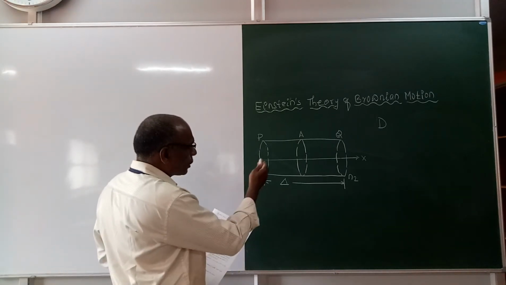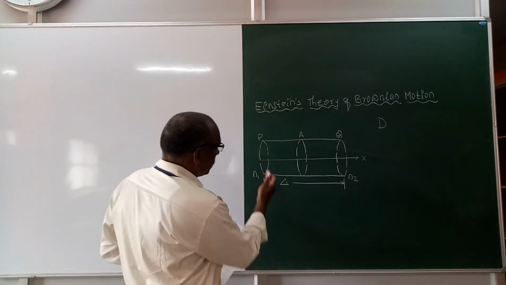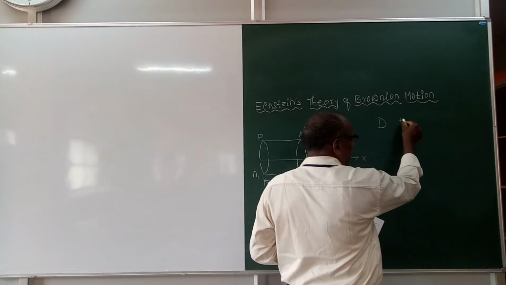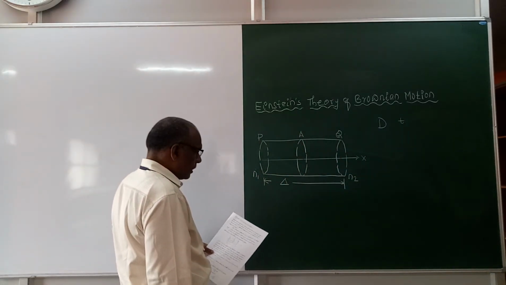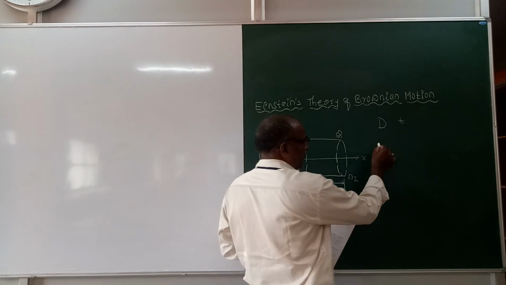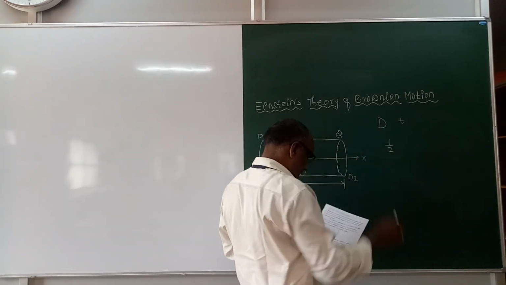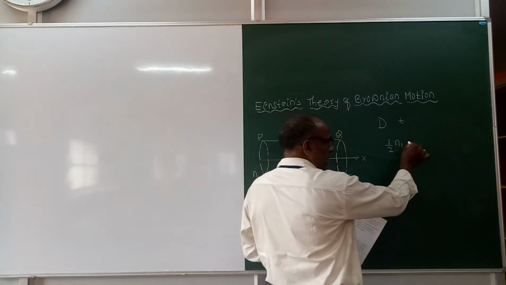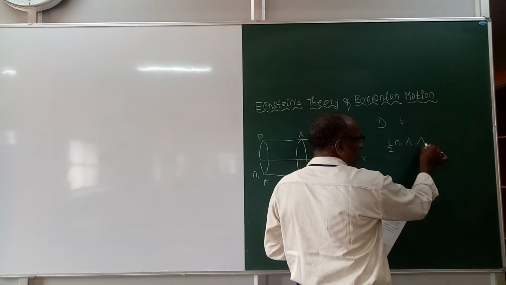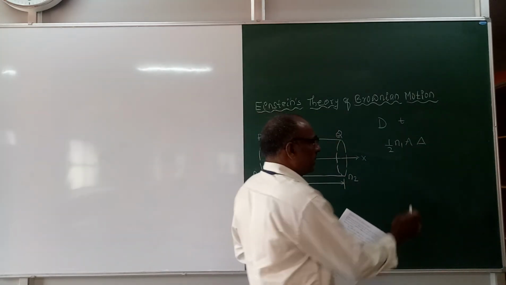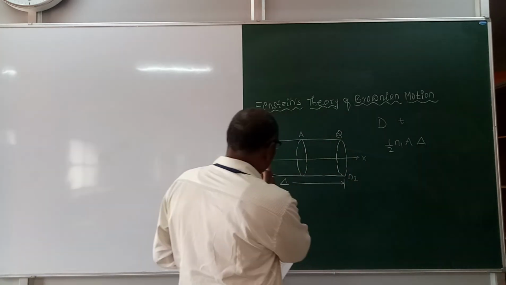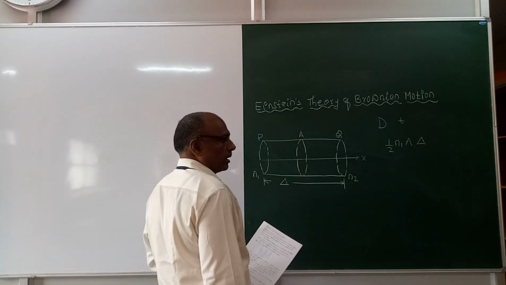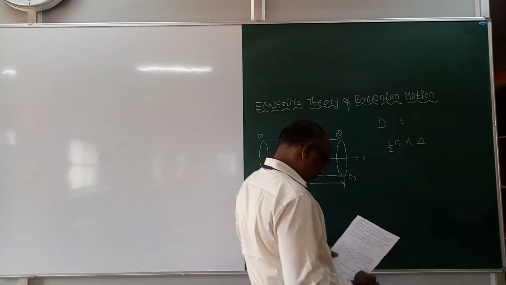The number of particles crossing the surface P in time t to the right is given by half N1, the concentration, times the cross-sectional area A times the length of this imaginary cylinder, delta.